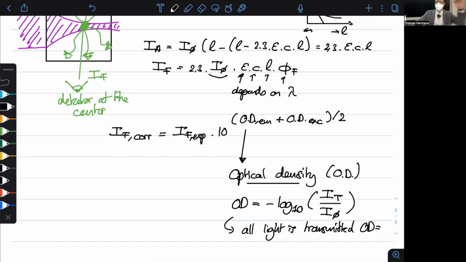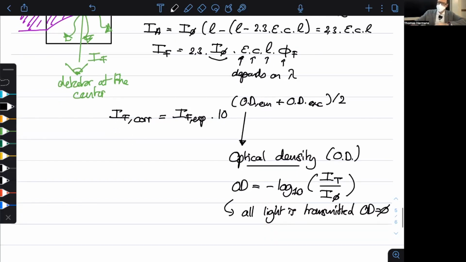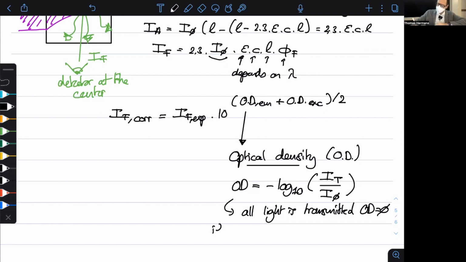If I have full transmission, zero absorption, my optical density is 0. Okay. If 1% of the light is transmitted, optical density is 2. If one per mil is transmitted, then optical density is 3.